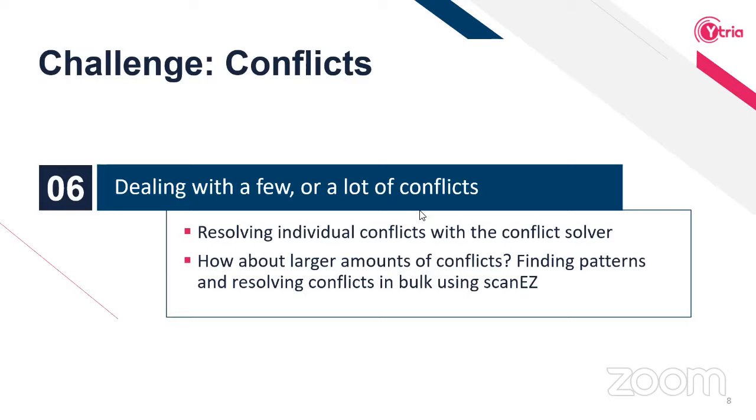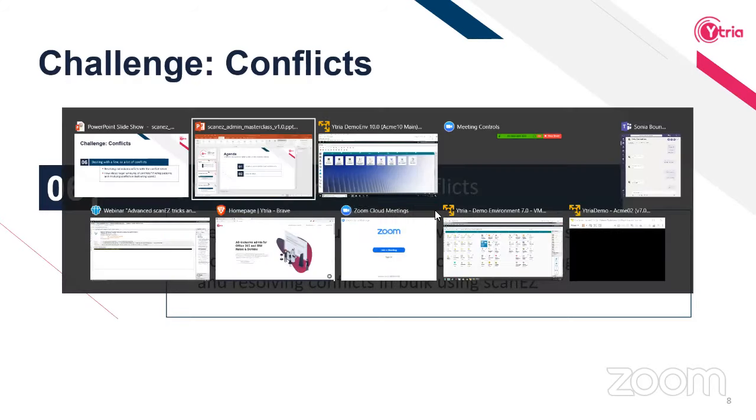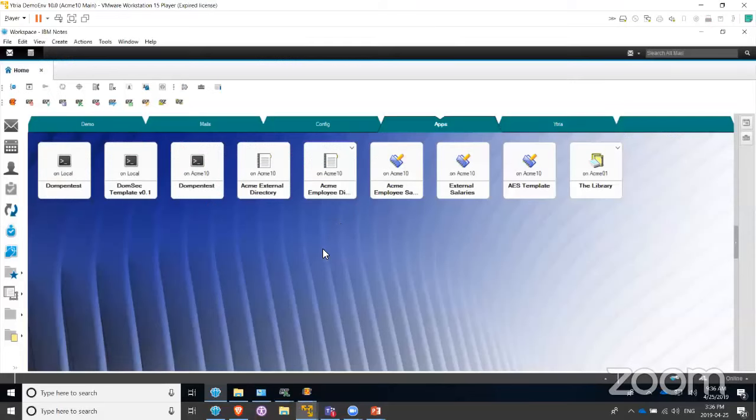These things are usually created by replication events or an automatic process such as an agent. And so you can actually find a pattern that will help you decide how you want to deal with them. So we're going to take a look at both of these situations and we'll see how to sort it out with scanEZ.